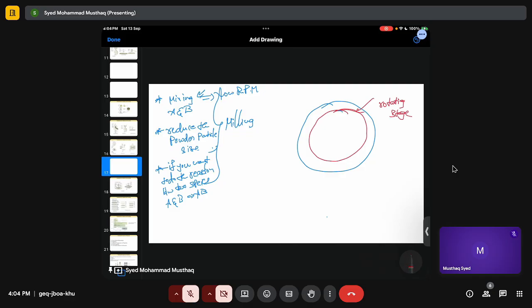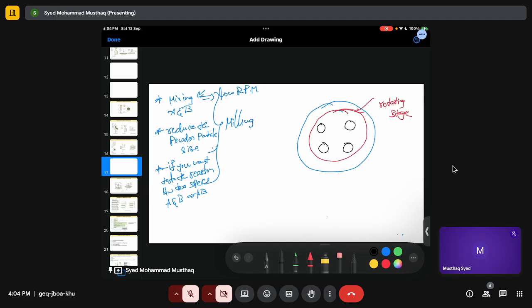Okay, and this is the high energy ball mill that we have in our lab, and then you have 4 slots. Okay, and these 4 slots are rotatable. I mean, there are no attached motors to it.